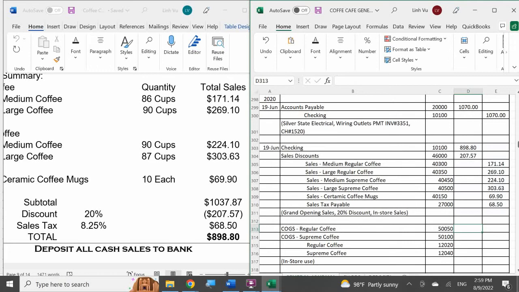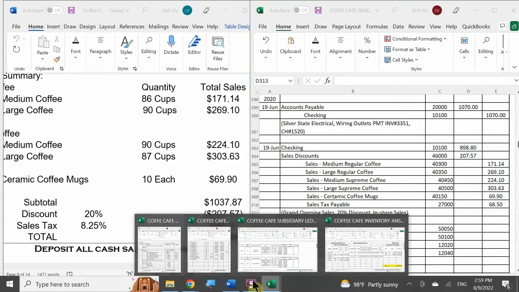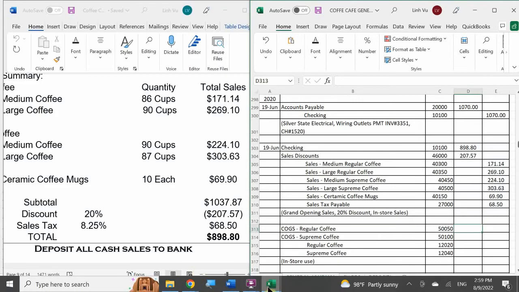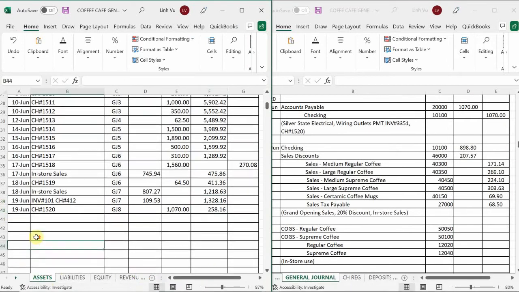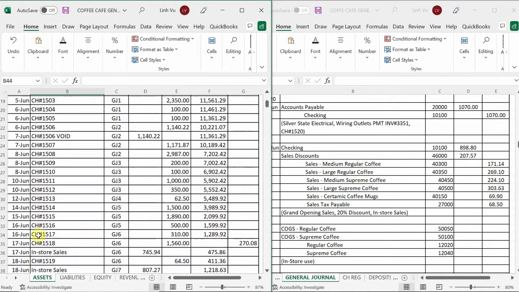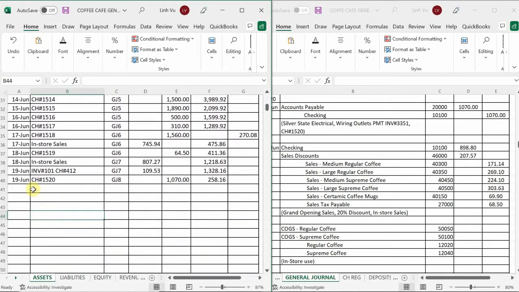And now we go to the general ledger. Okay. And then for the asset, we have checking, 898.80.